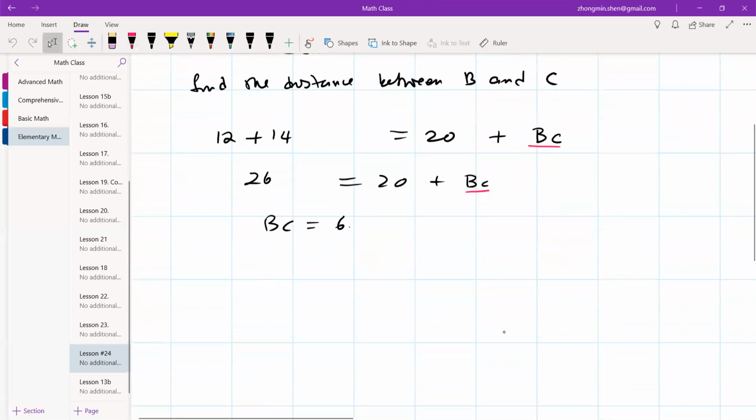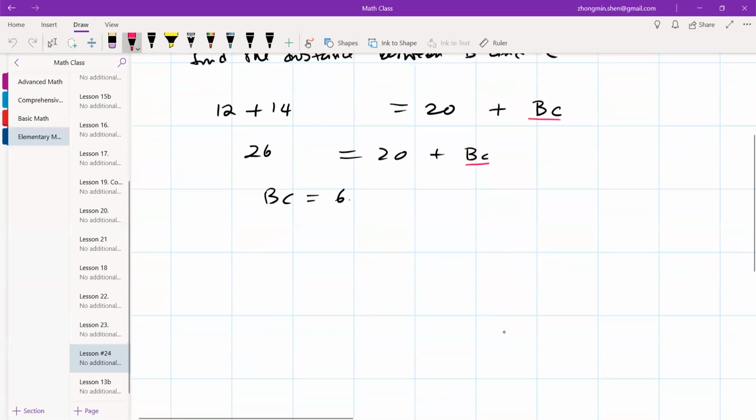Okay, let me draw another picture. If you have two sets, something like that, right?